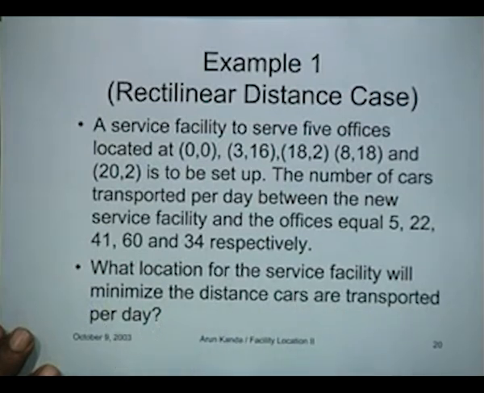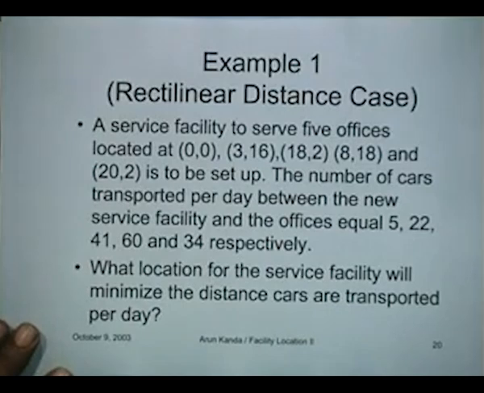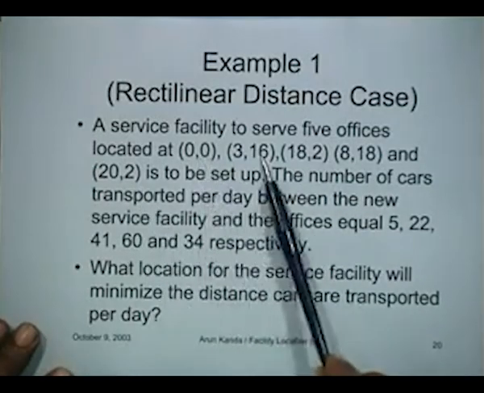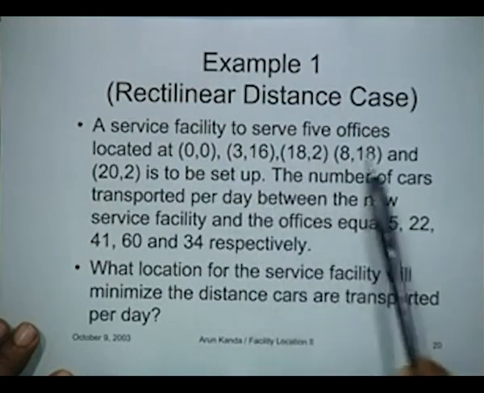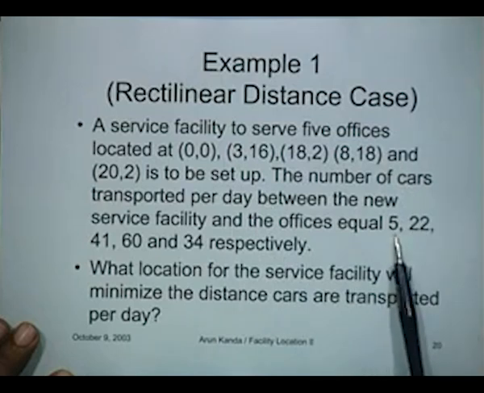So it's like saying that you have collection centers for cars at 5 places, in Connaught Place, South Delhi, etc. And you want to have a central service facility where you will service these cars. People can deposit their cars at these places, and experience shows that the number of cars deposited per day is so much.